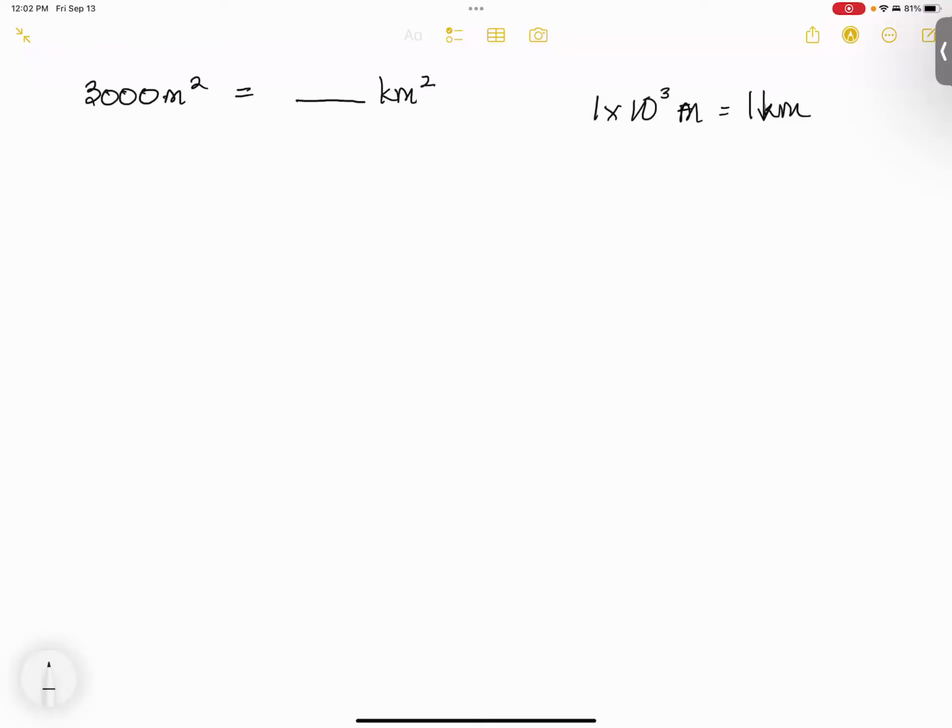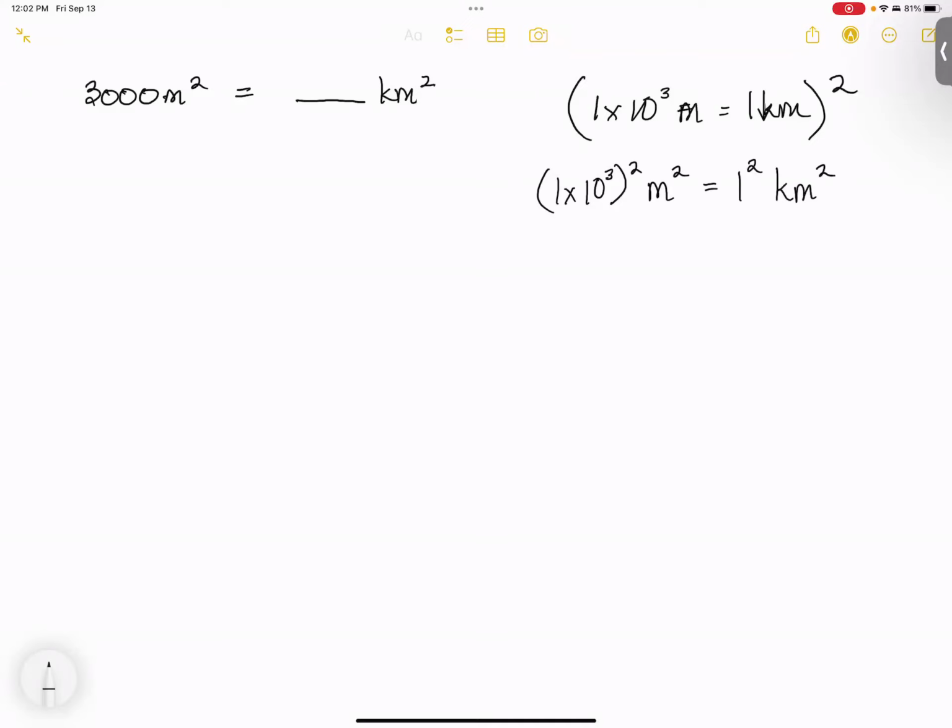The fact is, since I'm dealing with squared, you're going to have to square the entire conversion factor. That means it is going to be 1 times 10 to the third squared, meter squared, equals 1 squared, kilometer squared.